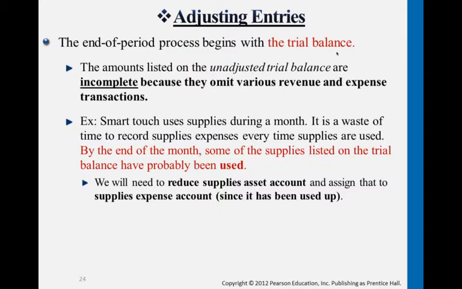Or some of the insurance premium that we paid before, we need to adjust the part that has expired, that's no longer in force. Okay, so there's just some of the adjusting entries that need to be made, but the majority has been done already under the trial balance. Okay, so the purpose here again is because earlier the trial balance is incomplete with some of the adjustments under revenue and expenses that haven't been done.